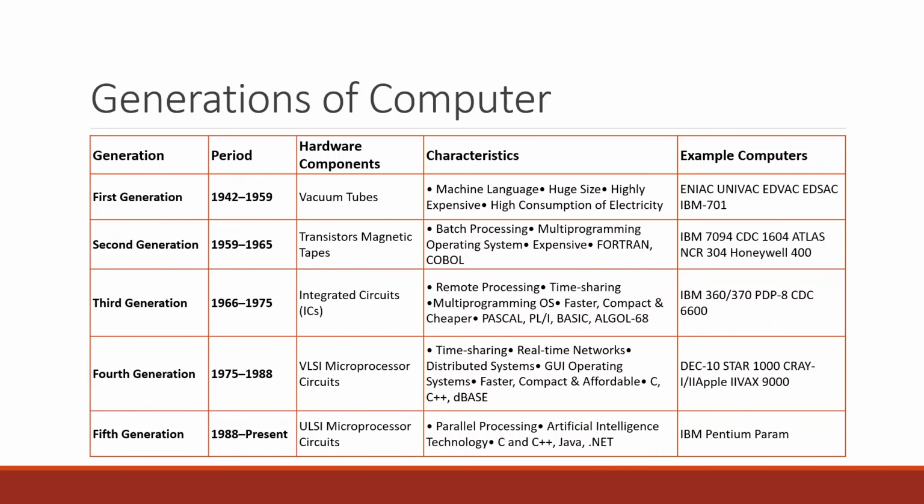In the first generation, they introduced machine language, and developed computer systems like ENIAC, UNIVAC, ADVAC, EDSAC, and IBM 701.